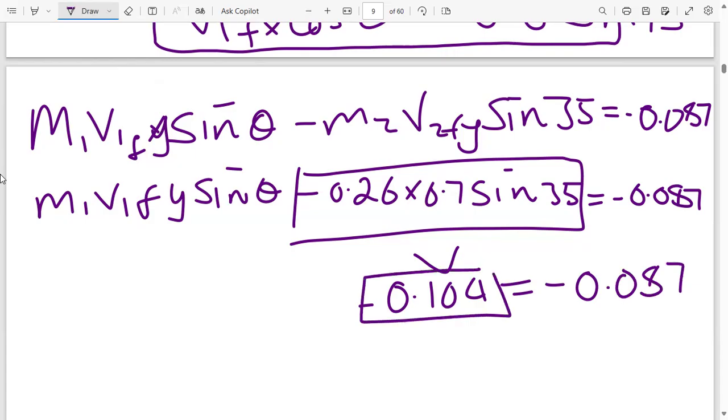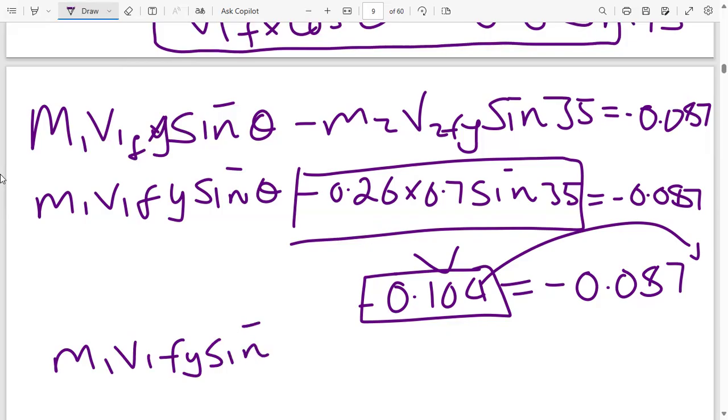So if I take this to the other side of the equation, this one will become positive. That means m1 v1 final in the y sine theta will be equal to negative 0.087 plus 0.104.